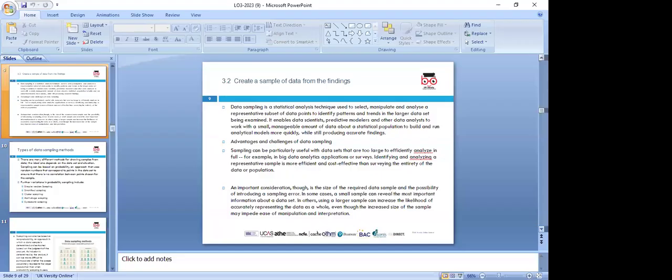An important consideration, though, is the size of the required data sample and the possibility of introducing a sampling error. In some cases, a small sample can reveal the most important information about a data set. In others, using a larger sample can increase the likelihood of accurately representing the data as a whole, even though the increased size of the sample may impede analysis.